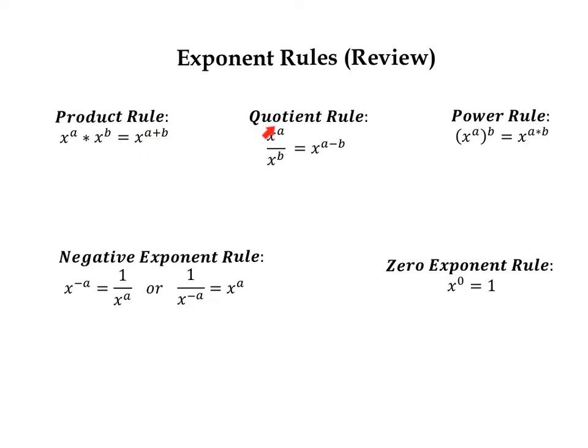When we're dealing with quotient or dividing, we're going to associate it with subtraction. And when we're doing the power rule, we're associating multiplication. If you can remember these three associations, adding, subtracting, and multiplying, then you're just going to convert these rules into logs, and it'll help you remember these properties more.